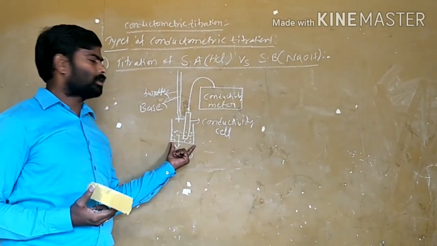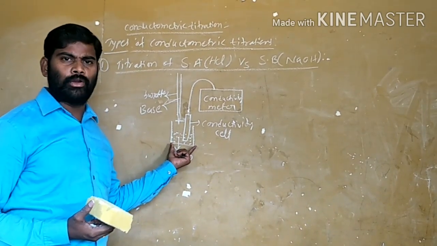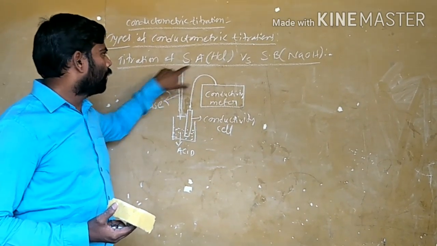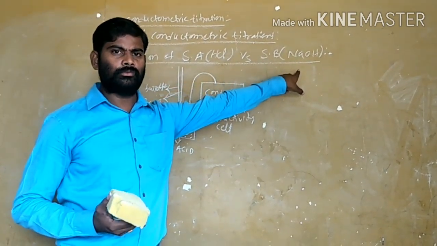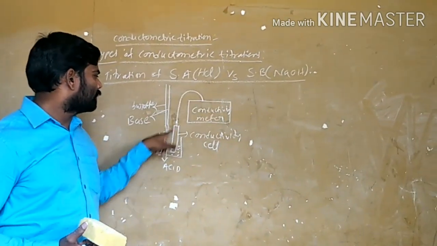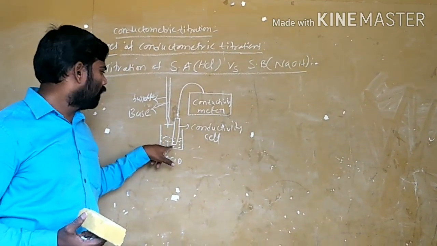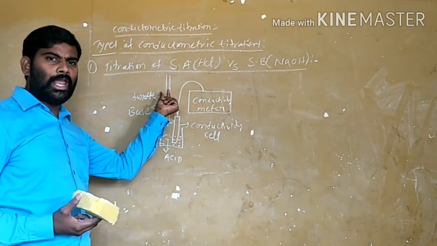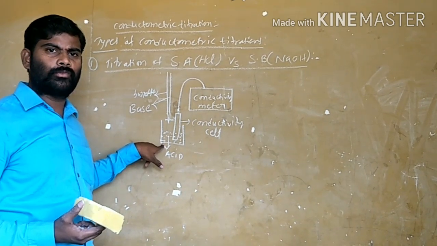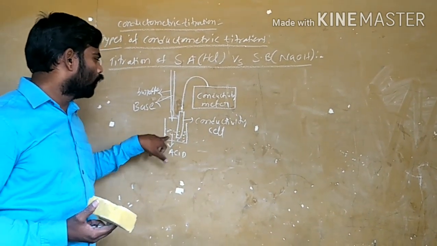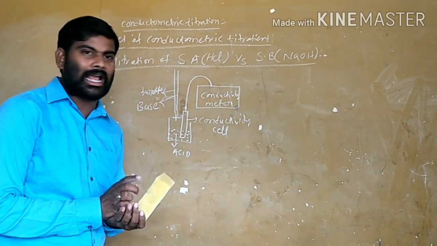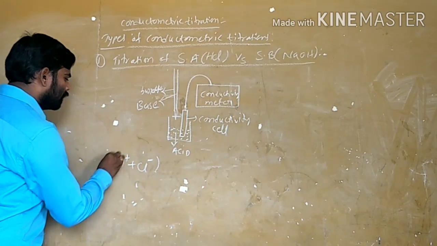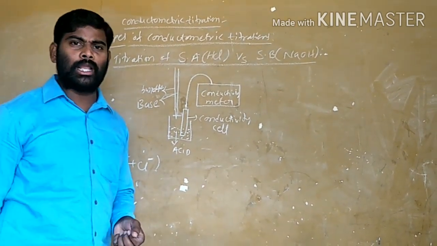What is the process we are doing for the titration of this strong acid and strong base? Initially we take some amount of acid in a beaker and fill the burette with a strong base, and the conductivity cell is dipped in the acid solution. Before addition of base to the acid, the strong acid, H plus Cl minus, is completely ionized.